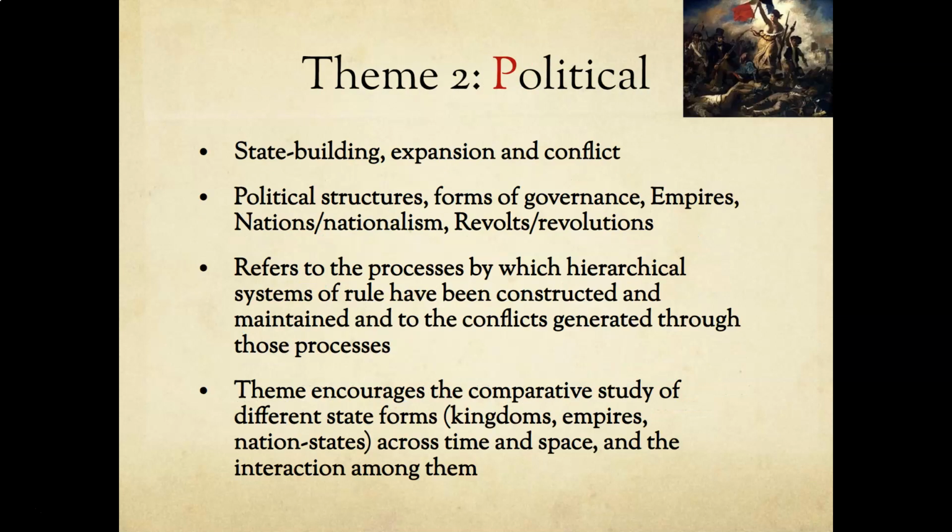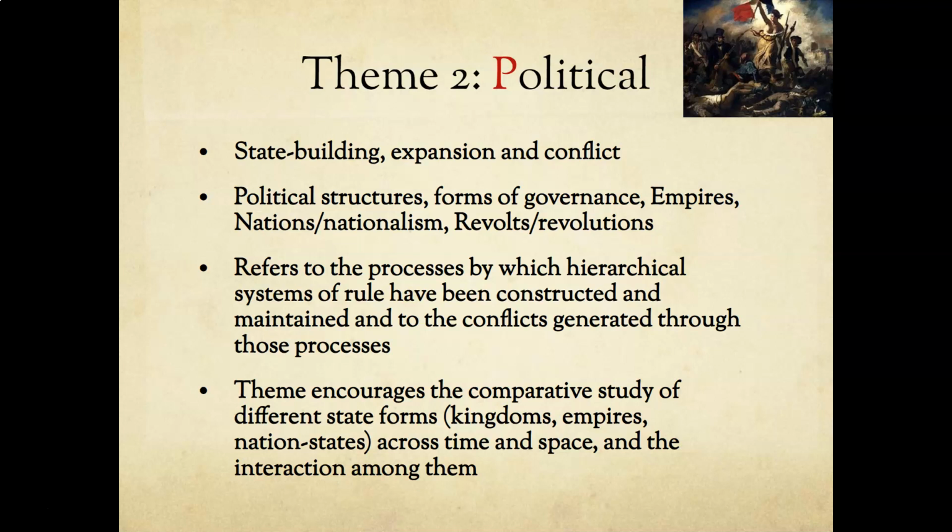All right, the next one is political. This one is pretty straightforward in terms of what we think of as governments or states. So this is anything that has to do with state building, from expansion or contraction to conflicts. This is where your warfare would come in, growth of empires, falling of empires, revolutions, nationalism, and so forth.